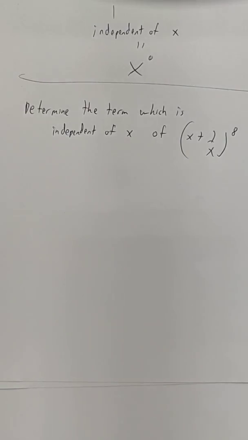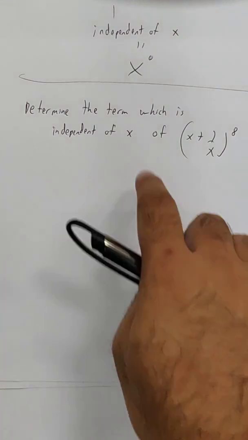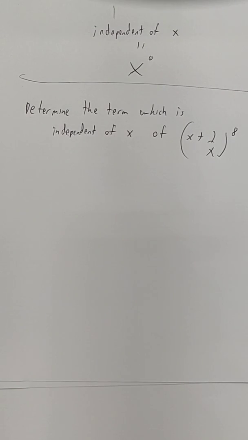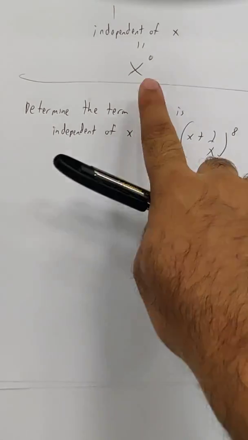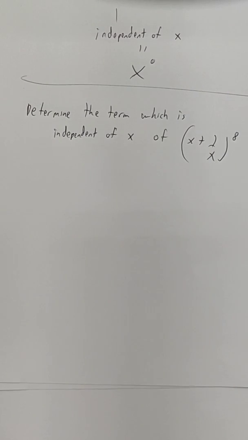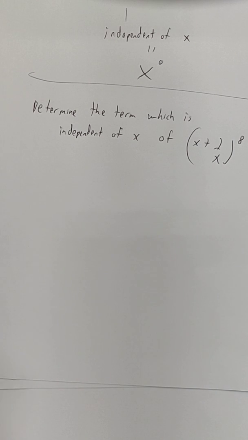Okay, so come on, let's have a look. How do we find this one? What do we know about independent of x? x^0. So the techniques are the same. Like the question just now, we wanted to find the coefficient of x^5.